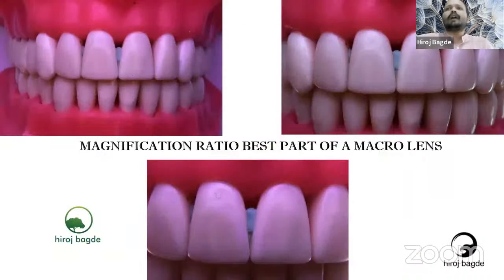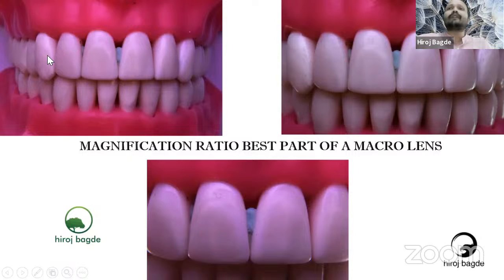Now see, I was talking about the magnification ratio. Again, you can check. The magnification ratio is the best part of the camera system where we use a macro lens. A macro lens can have different magnification, 1:1, 1:2, 1:10. So we can have a magnification ratio and we can have good focusing.